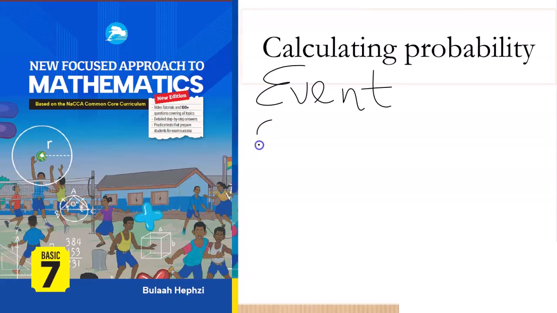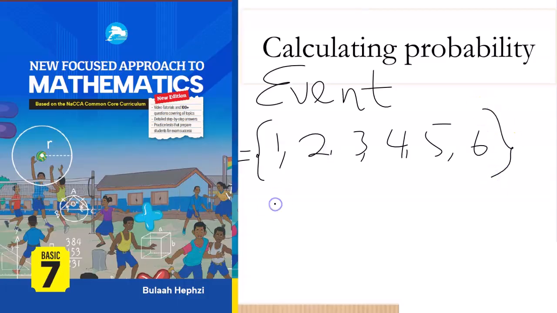For example, let's say we are tossing a die. The sample space we know is 1, 2, 3, 4, 5, 6. This is the sample space. If I define the probability of throwing a die and getting an even number, the set of even numbers will be 2, 4, 6, according to the sample space.